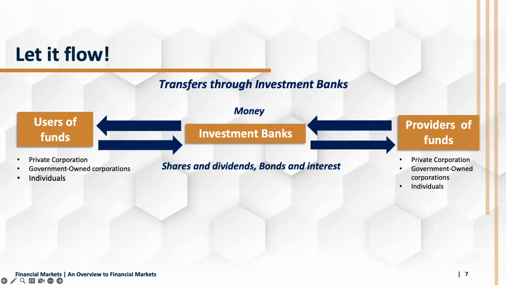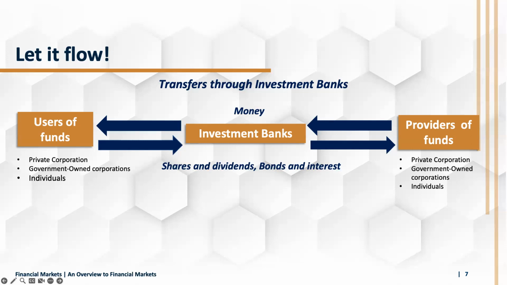So on the other side of the coin, the users of funds will devise a bond offering and go to investment banks and ask for help in selling the bond offering or in selling their shares. Now, the investment banks will be the ones responsible for distributing these out to potential investors, also known as the providers of funds.